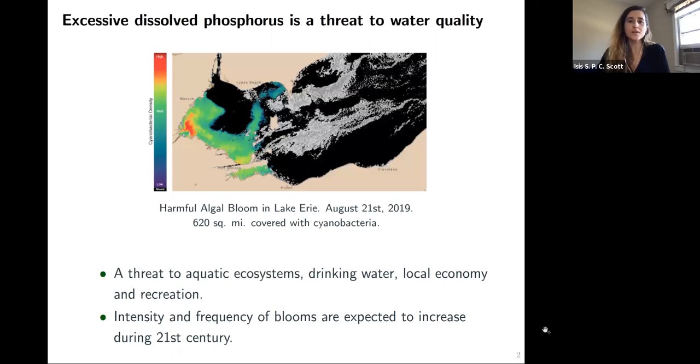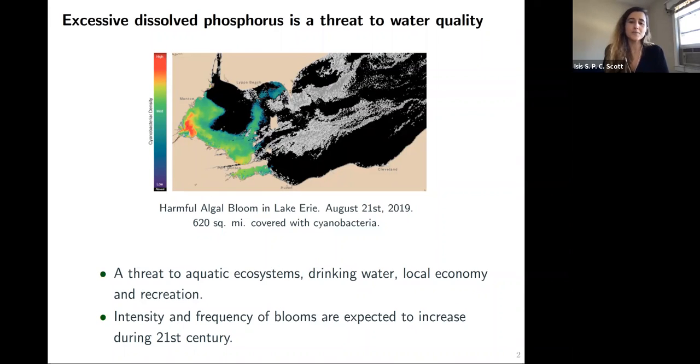So we know that excessive dissolved phosphorus is a threat to water quality because it was one of the key drivers to cultural eutrophication and to harmful algae blooms, such as this one that I'm showing you here in this picture. So this is a harmful algal bloom in Lake Erie, which is our eutrophication landmark in the Midwest.